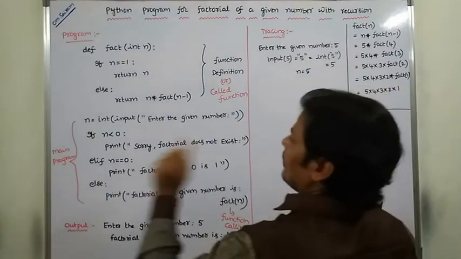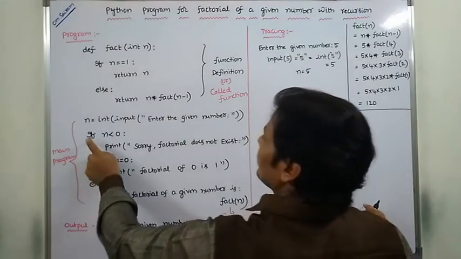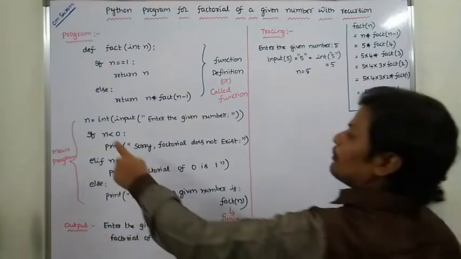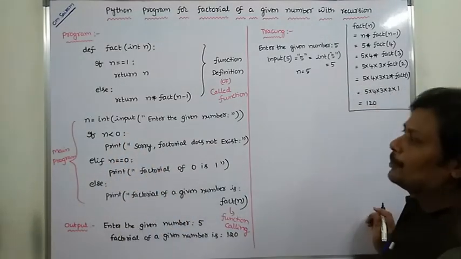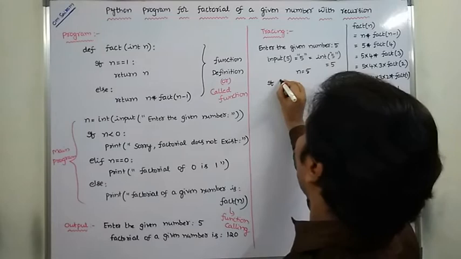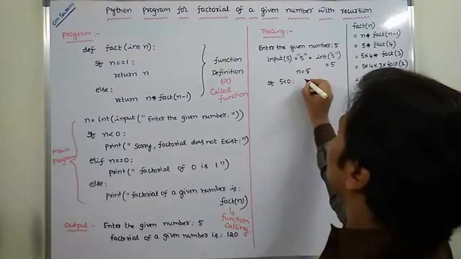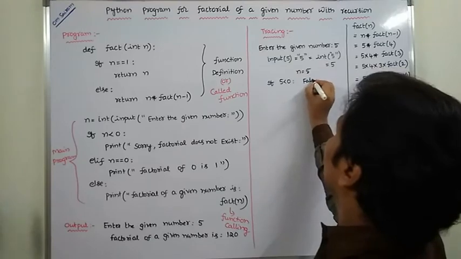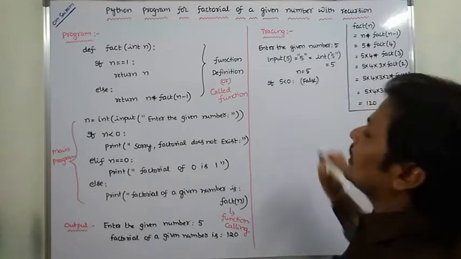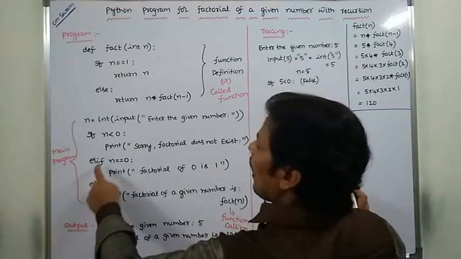Next, after completing the first step in the main program, we go to the next statement, if n less than 0. So, if 5 less than 0, that is false. If the condition is false, it goes to the else if.